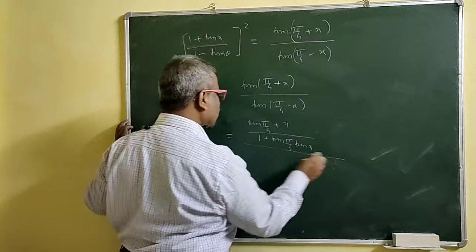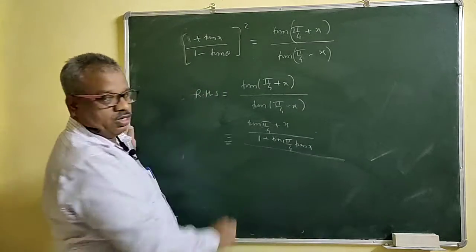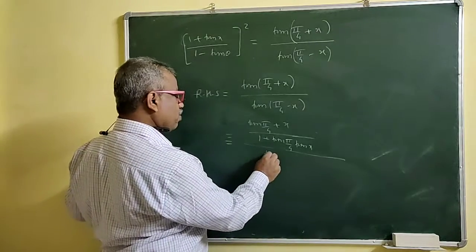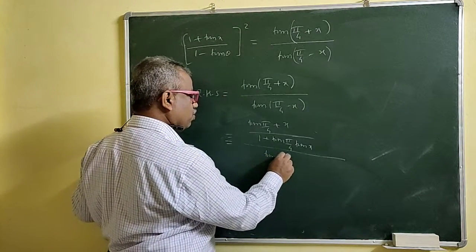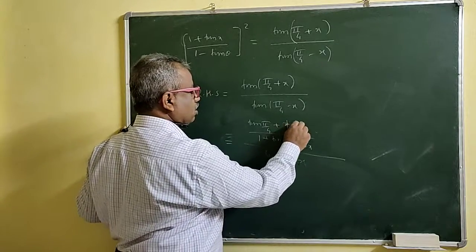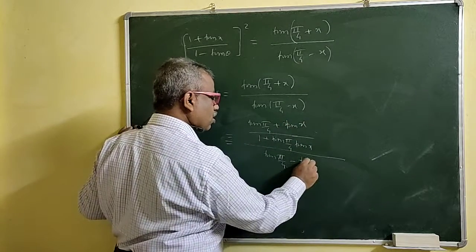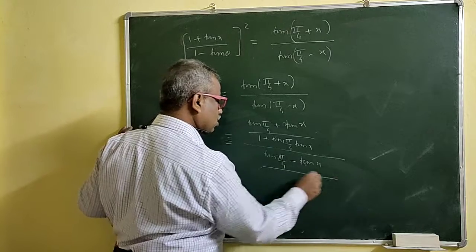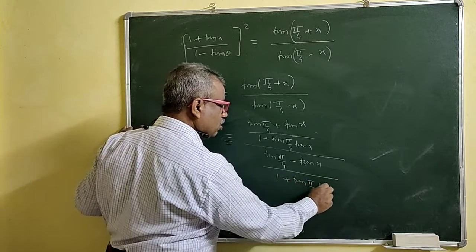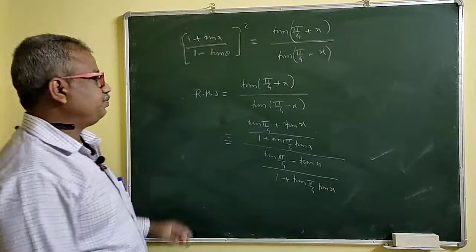If you remember that formula, then no problem here, no need to write tan(A + B) or tan(A - B). For tan(pi/4 - x) it is 1 minus tan x upon 1 plus tan pi/4 tan x.